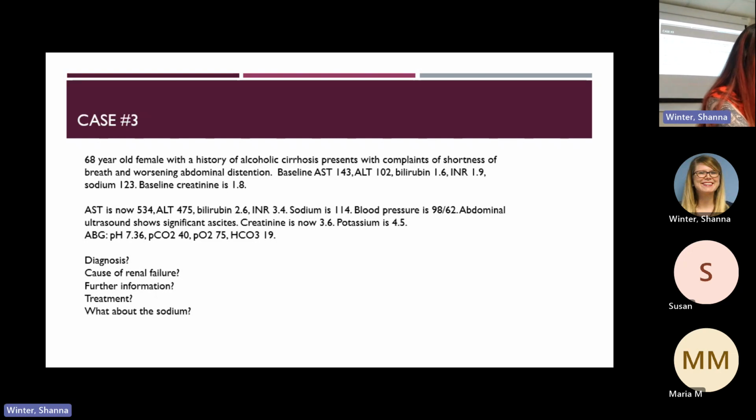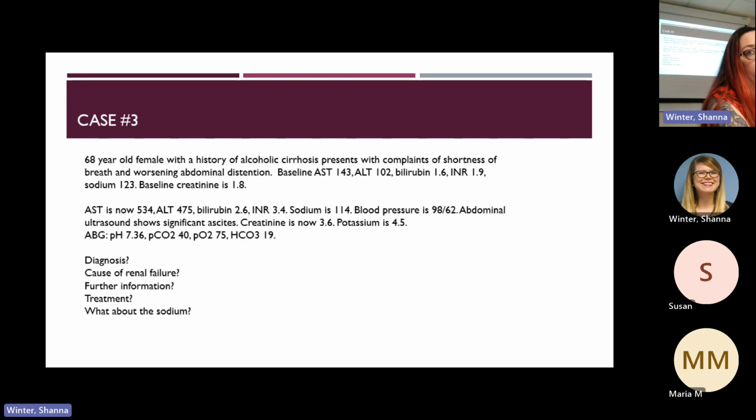Any other information you would like to know about this patient? Potassium and sodium are up there. So I touched on her INR.